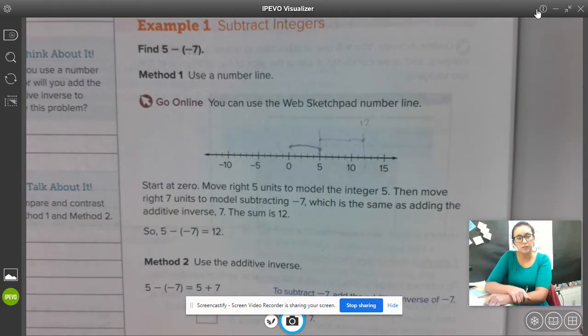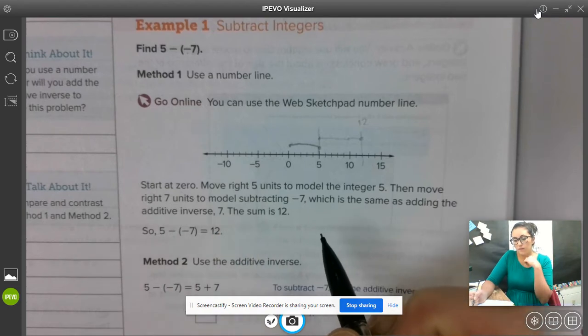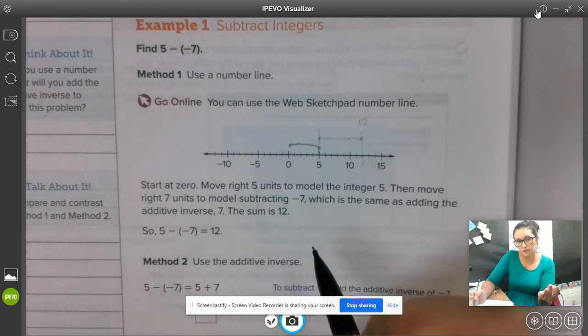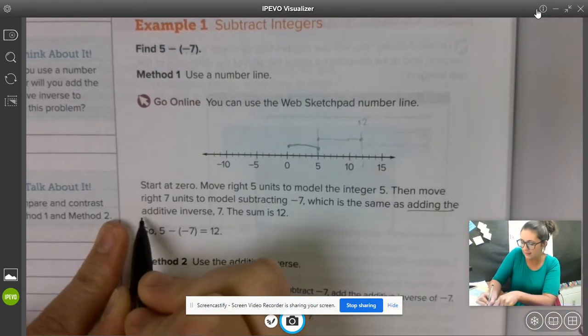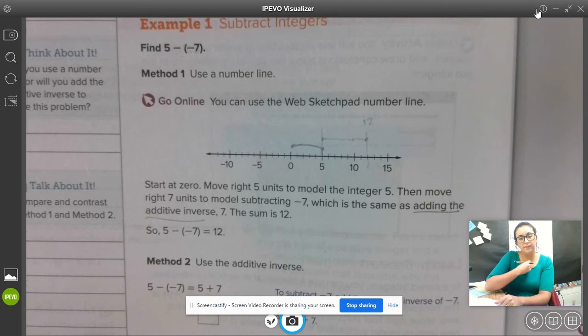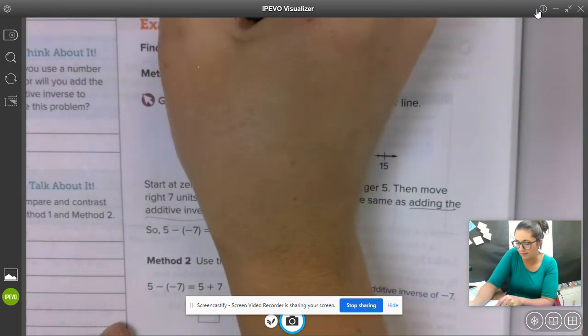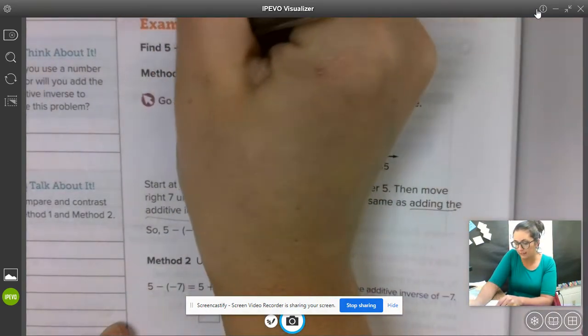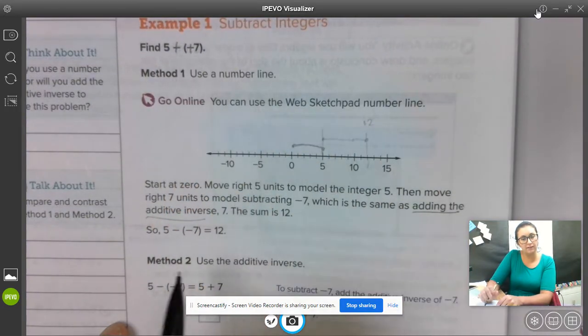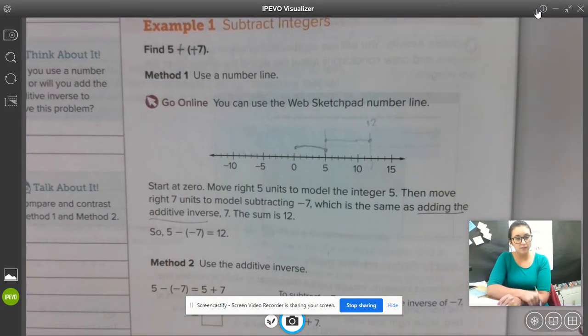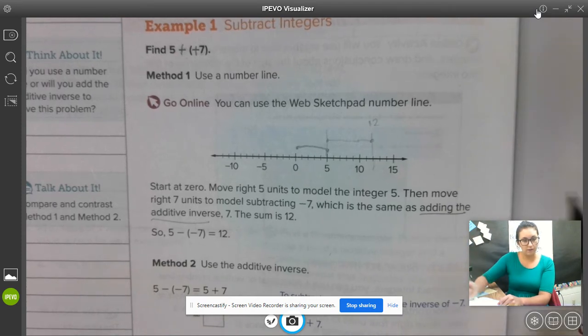The quick, easy trick here is when you see subtraction, you are going to add the additive inverse, and I shorten that to add the opposite. I can even change those symbols, and it does become 5 plus 7. So the answer here would be 12.